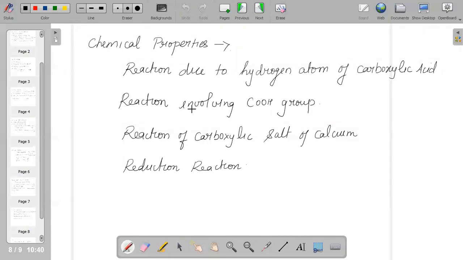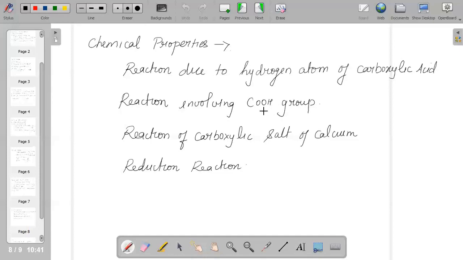Carboxylic acid mainly shows four types of reactions. The first is reaction due to the hydrogen atom of carboxylic acid, and this property shows the acidic character of the carboxylic acid.